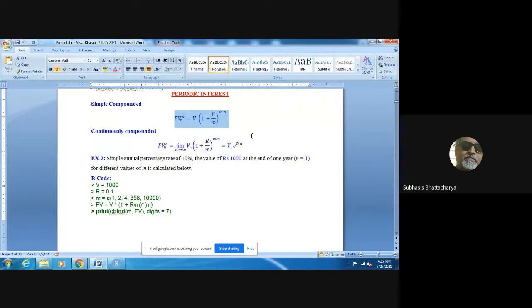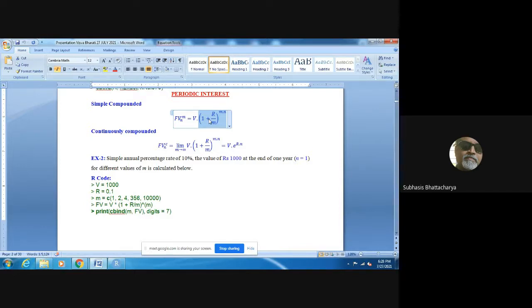So this estimation can be done in two ways. One is simple compounded. And if the interest rate is paid at some interval, it is estimated in terms of continuously compounded. These two are very important in return calculation.